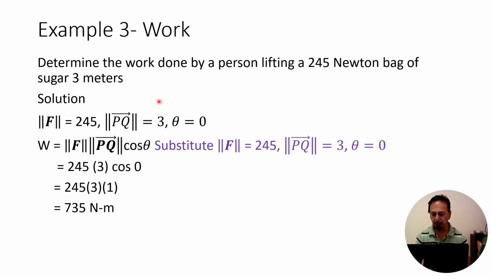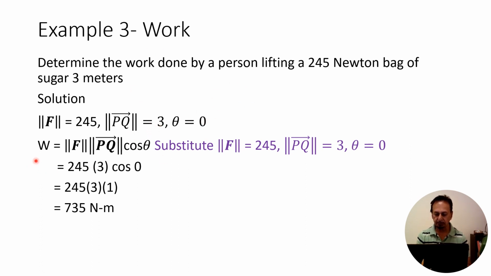Example 3. Determine the work done by a person lifting a 245 Newton bag of sugar 3 meters. So the force is 245 newtons and the distance is 3 meters. So the magnitude of the force is 245, the magnitude of vector PQ is 3, and the angle theta is 0.